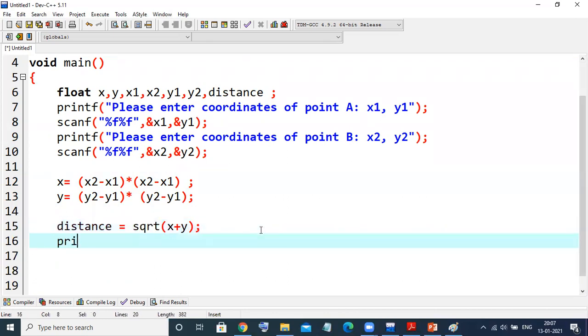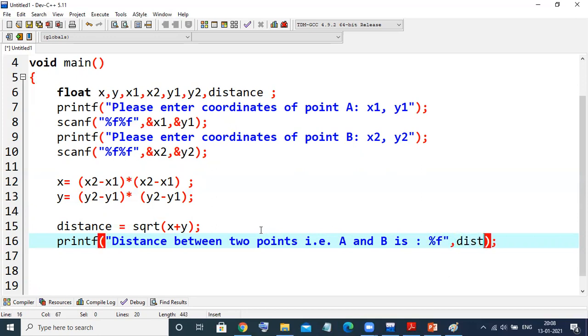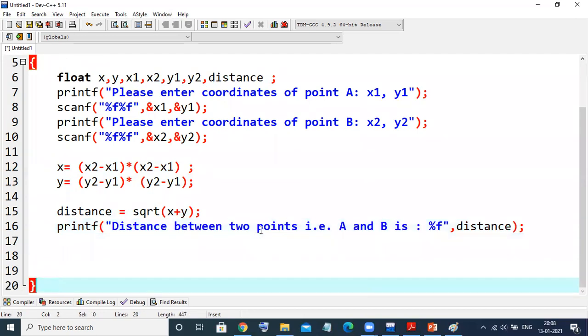Finally we'll printf: distance between two points, that is A and B, is float percent f, and here we'll place the variable. That's all.